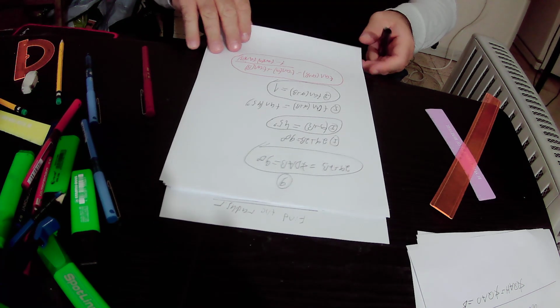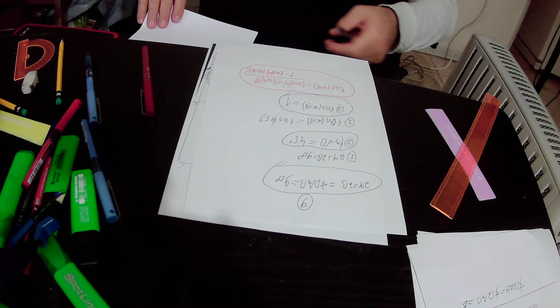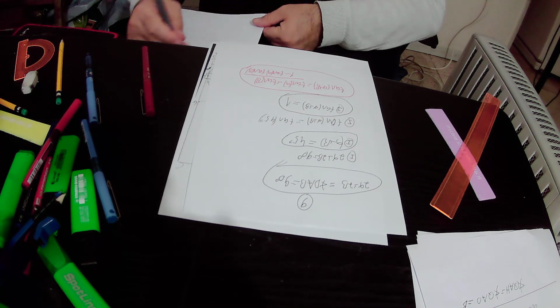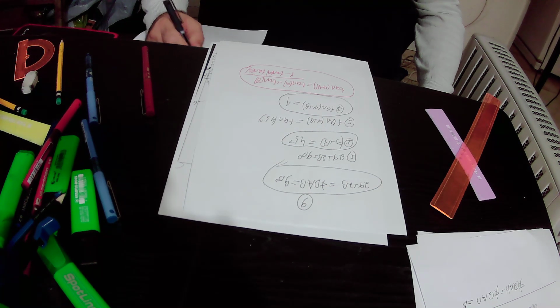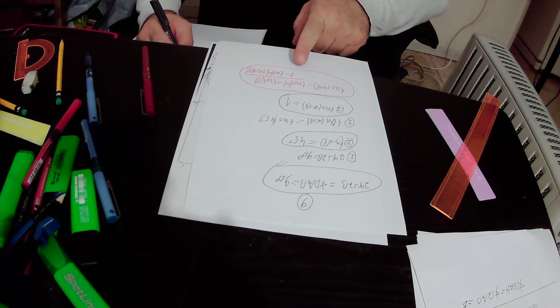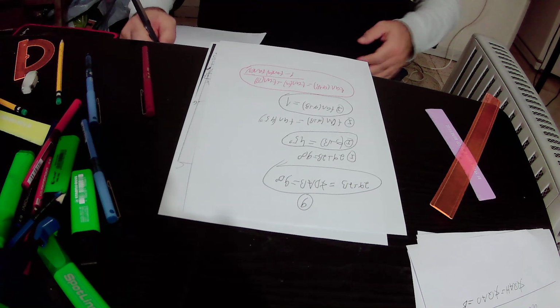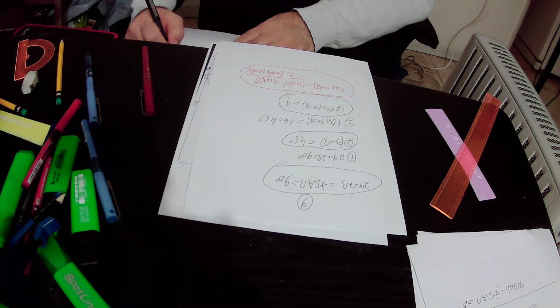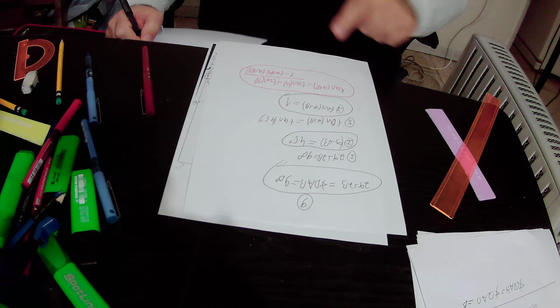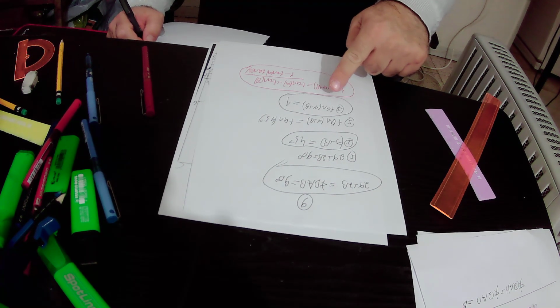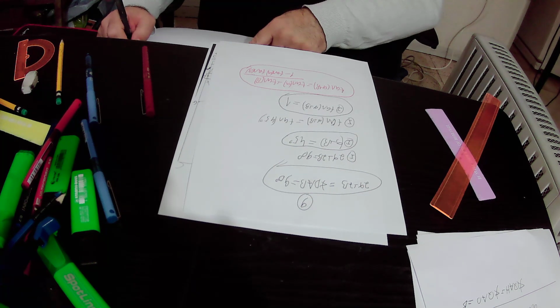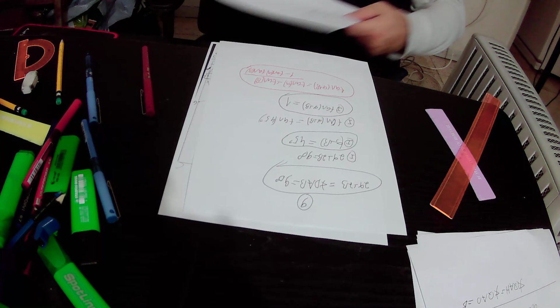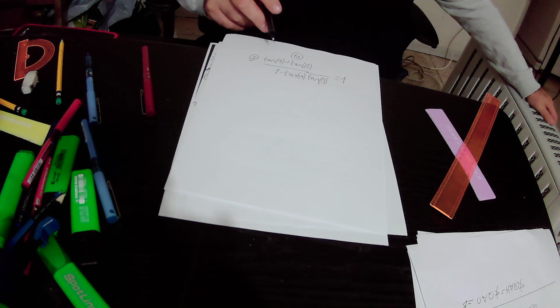Equation number 1 will be: instead of tangent of alpha plus beta, we write tangent alpha plus tangent beta over 1 minus tangent alpha times tangent beta, and in equation number 1, tangent of alpha plus beta equals 1, so this expression equals 1.